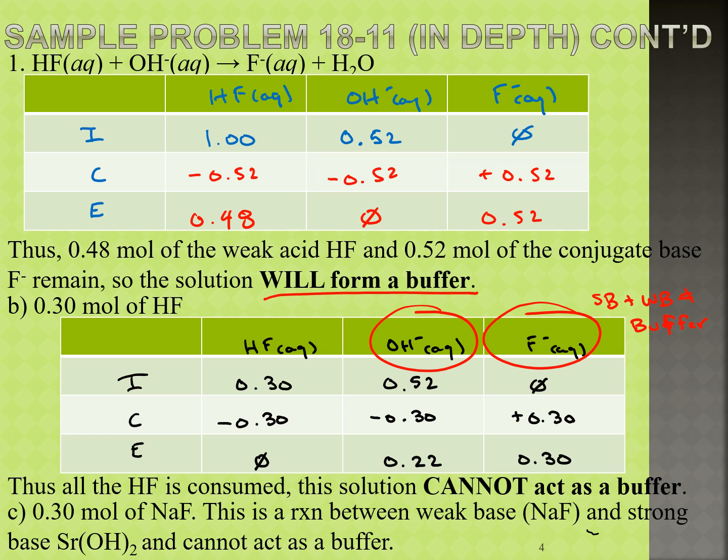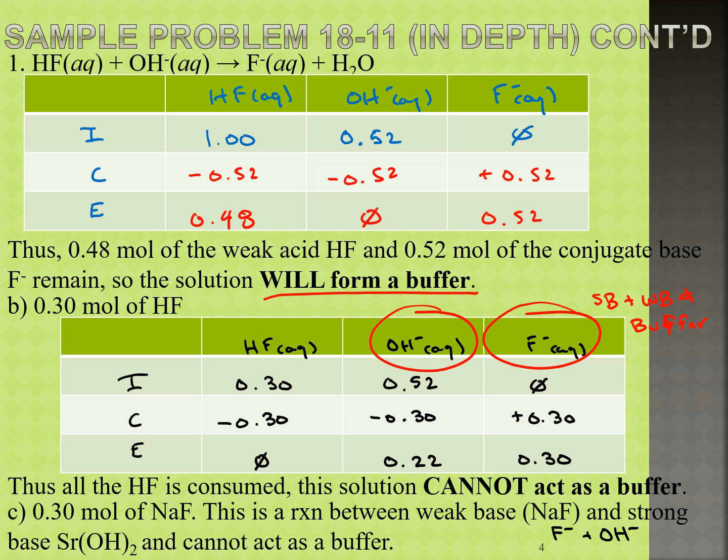All right, my part C on this problem, kind of crammed down there at the very bottom, says, what if we had 0.3 moles of NaF? Well, even just thinking about this, in this case we have a weak base trying to react with hydroxide.